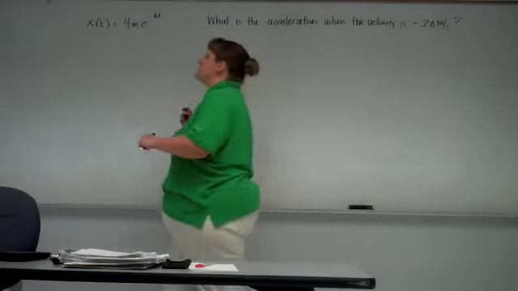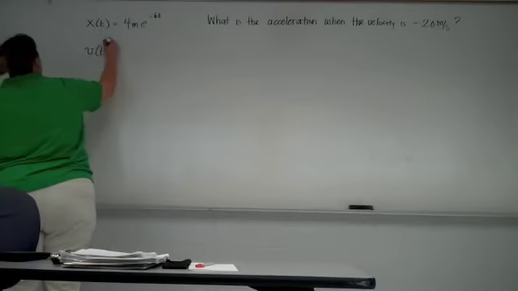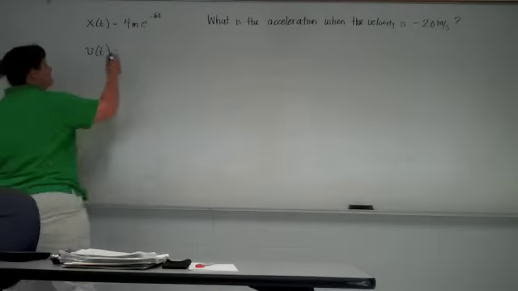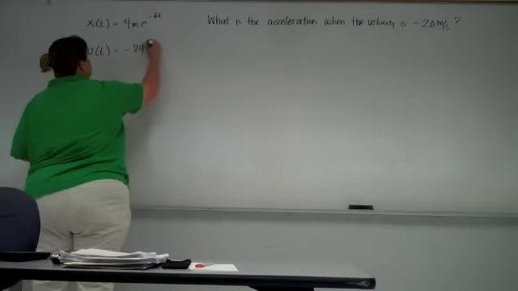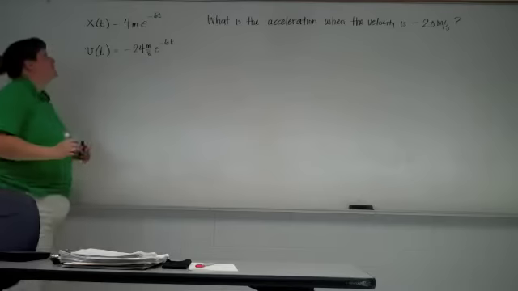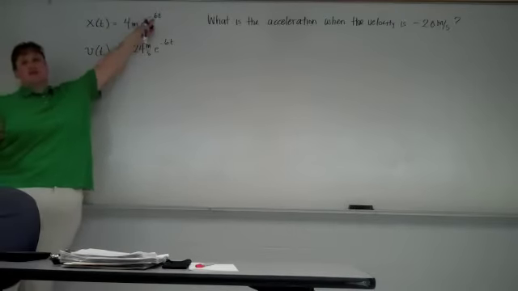So, velocity. If that's our position, what will our velocity be? Negative 24 e to the negative 6t. So, the derivative of the exponential function is the exponential function times the derivative of the power.